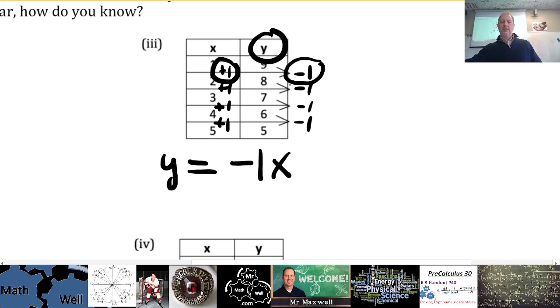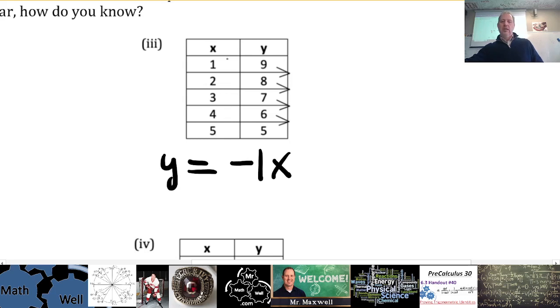That's where we start. Now I test my points to see if I have to make any adjustments. So negative 1 times 1, does that equal 9? Nope. What adjustments would I have to make, adding or subtracting, to get to 9 from negative 1? I have to plus 10. Yeah. So remember, here's 0, here's negative 1. I have to go 1 plus 9 to get to 9. So that's 10.